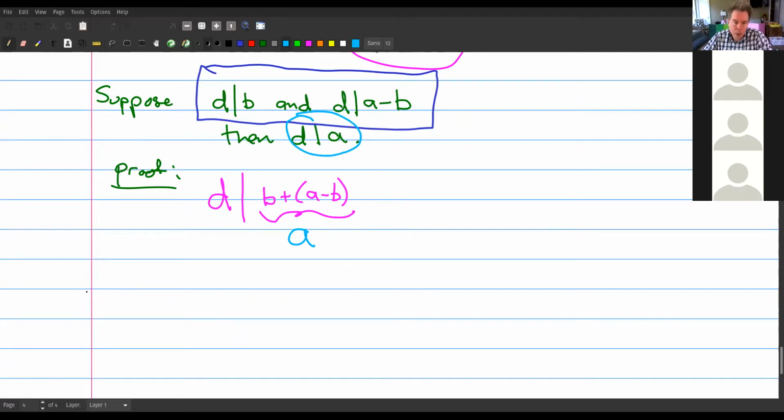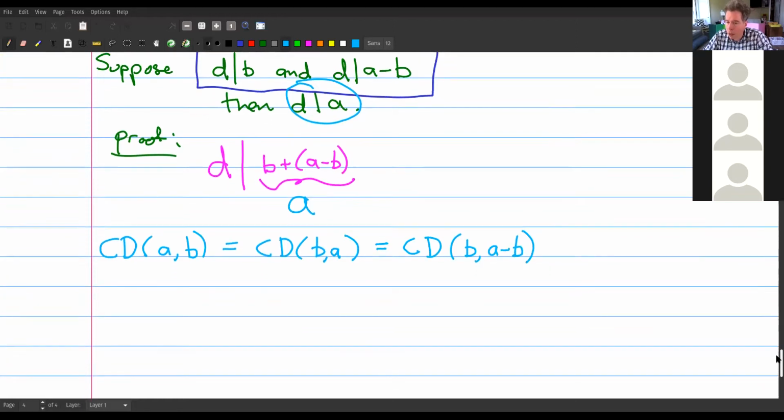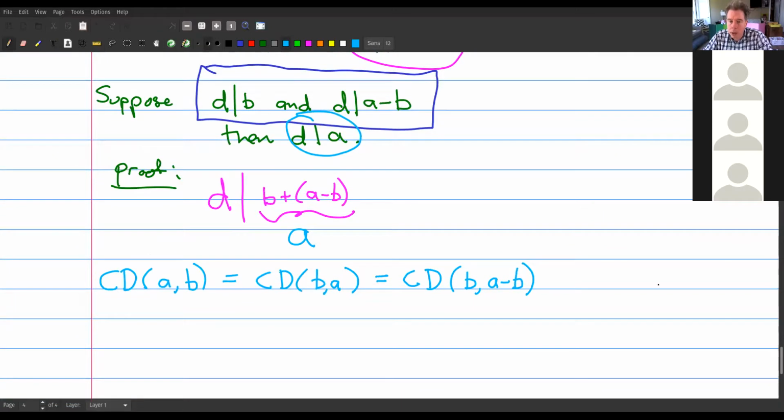All right, so now consider the common divisors of a and b. This is the same thing as the common divisors of b and a. It doesn't matter which ones you write first. And now I claim this is the same thing as the common divisors of b and a minus b. These two statements that we just did prove that.